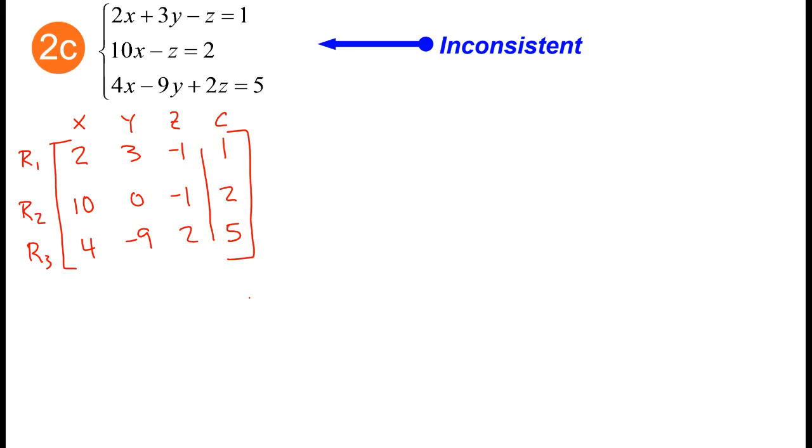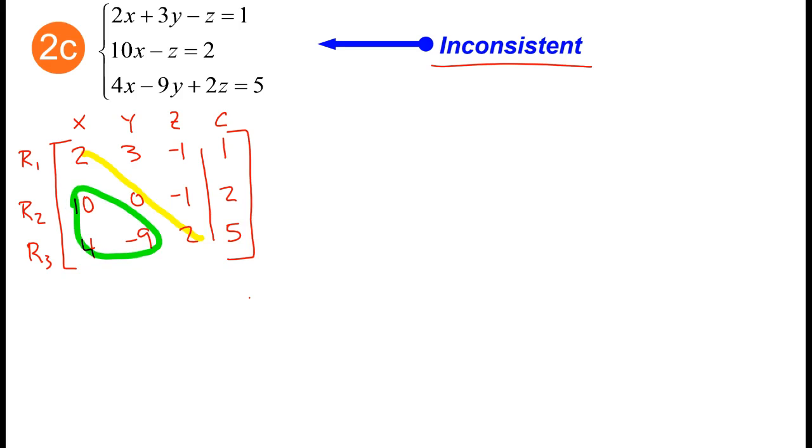Okay, I mentioned this one is inconsistent, which means it has no solution, and we're going to actually get there pretty quickly. One of the things you have a choice on when doing these problems is whether you want to get a 1 up in this first corner first, or work towards getting the zeros here.